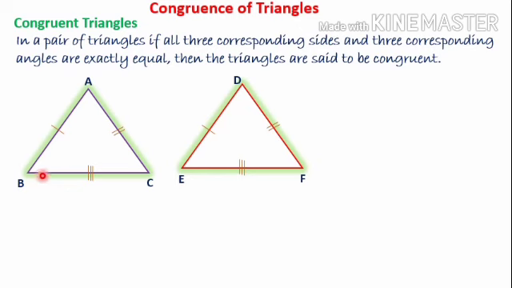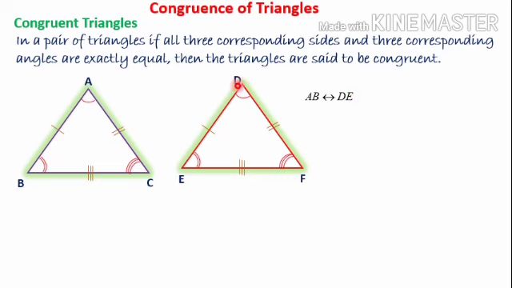So three sides in the first triangle are respectively equal to the corresponding sides of the second triangle DEF. Then angle A must be equal to angle D, angle B must be equal to angle E, and angle C must be equal to angle F. Here, AB corresponds to DE.